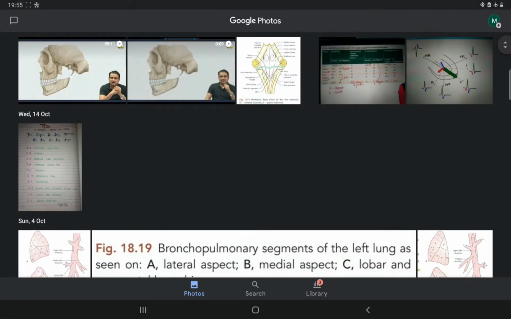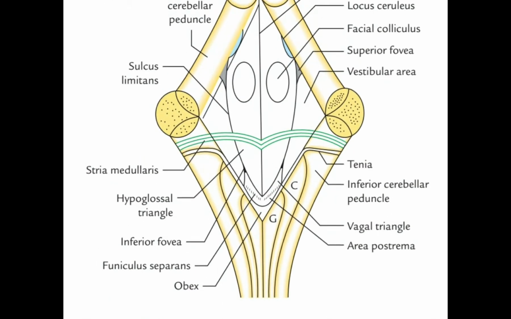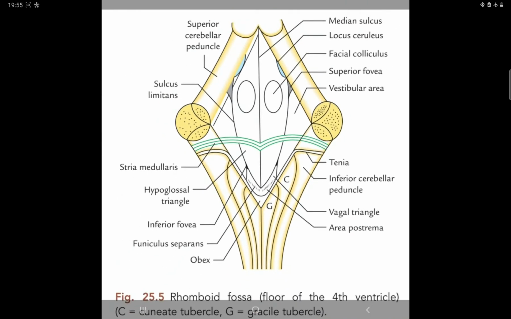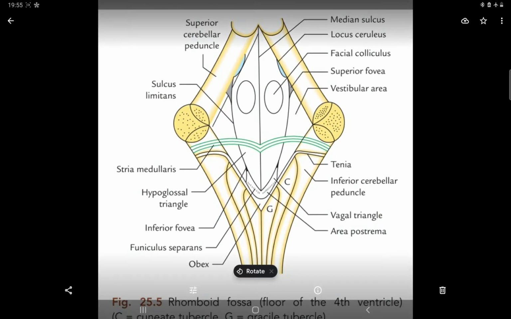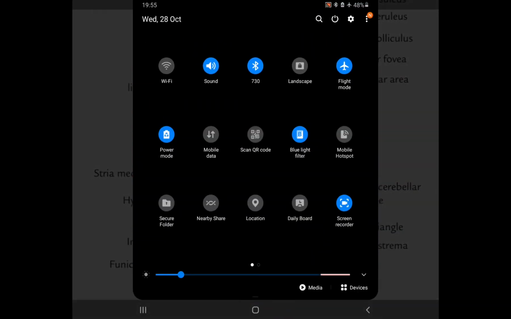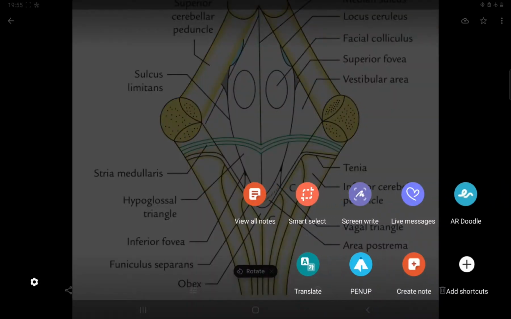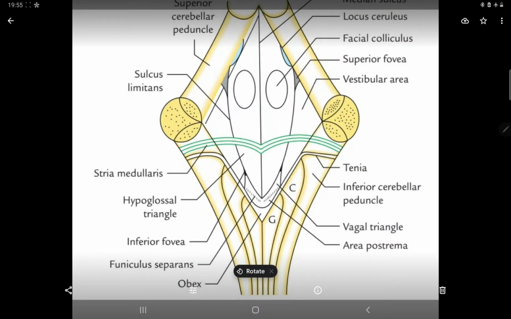So here you can see, this is the cross section of the fourth ventricle.